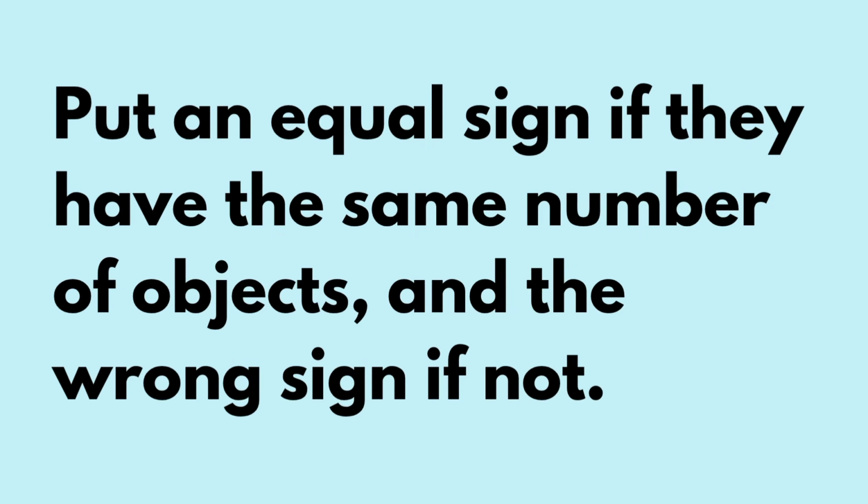How about this one? Put an equal sign if they have the same number of objects, and the wrong sign if not. The first one. You're right, they are equal.